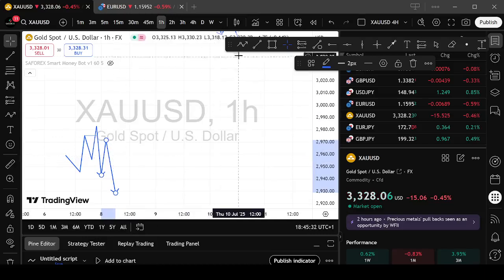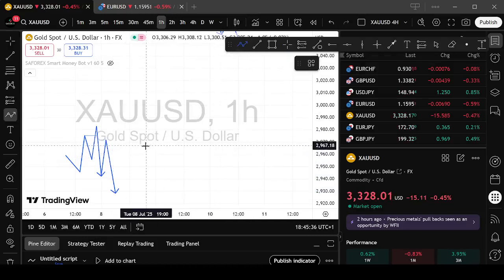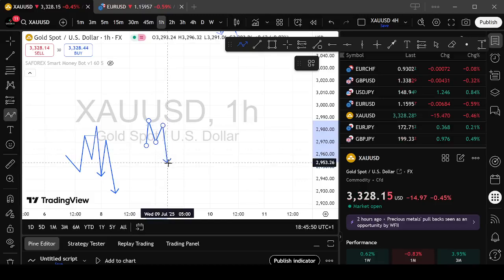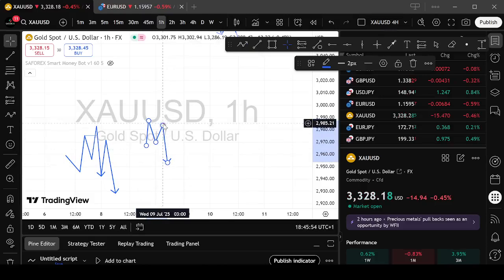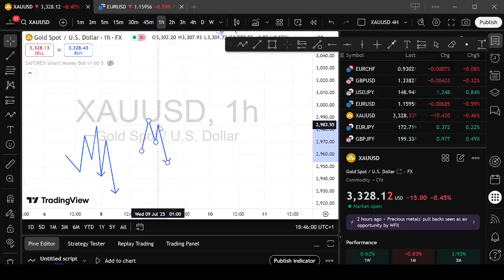Then there is the second type, where the market comes like this, right? At this point, if it does not break the high, it will just break the lows straight away. It will not create the next higher high. It will just create a failure swing.